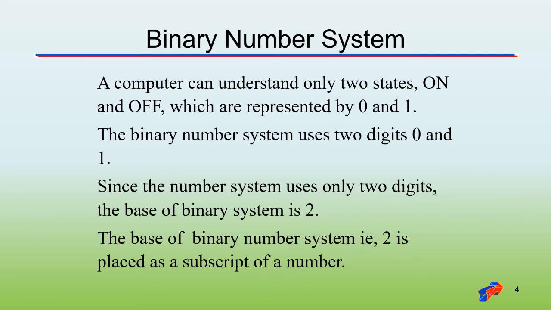So the binary system uses two digits 0 and 1 to represent a number. Since the number system uses two digits, the base of the binary number system is 2. So 2 is placed as subscript of a number when we are representing a binary number.